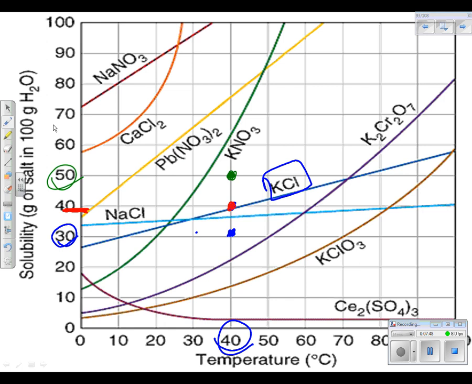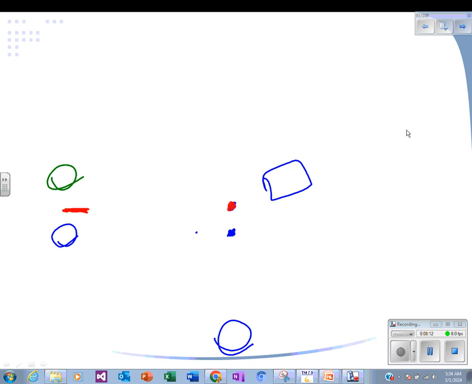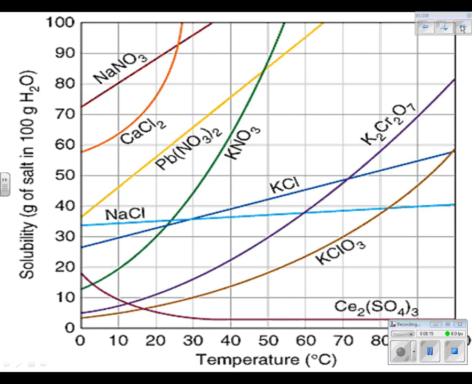All right, so the other way to say that is, if I heated it up to a higher temperature, maybe like 75 over here, and I got 50 to dissolve in it, and then I cooled it down to 40 and it was still holding that 50, then that is why it's supersaturated.